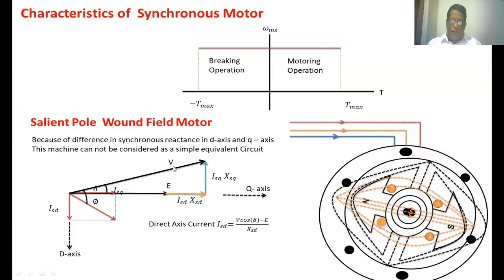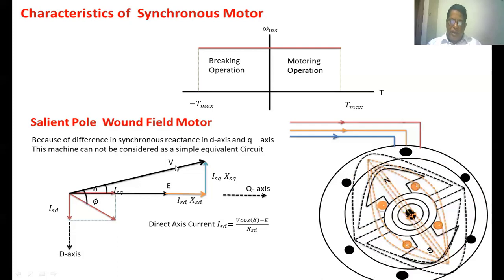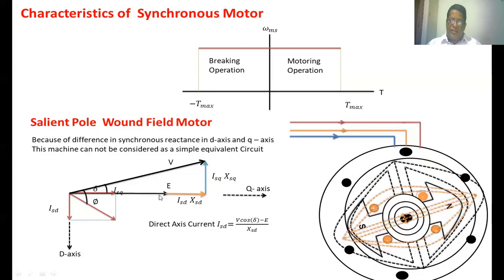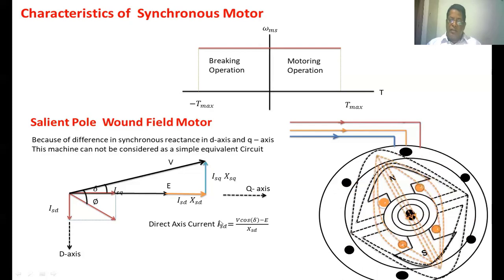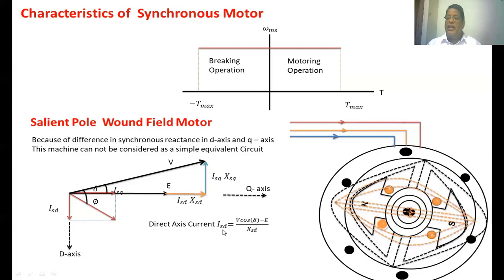From this phasor diagram, V cos delta, the projection of V on this vector, minus E gives ISD into XSD. Now that quantity divided by XSD is nothing but ISD, the direct axis current.